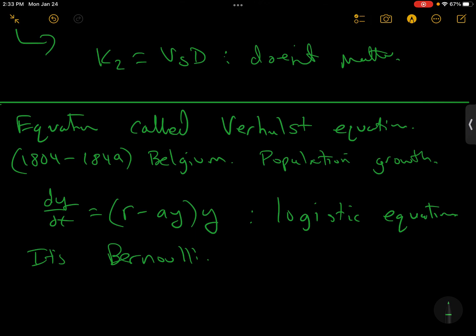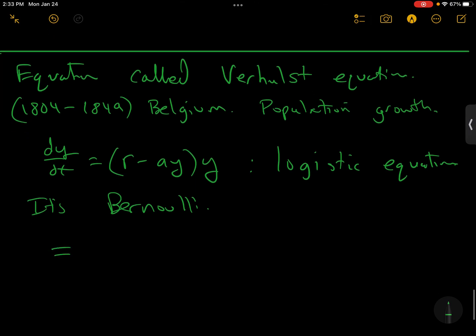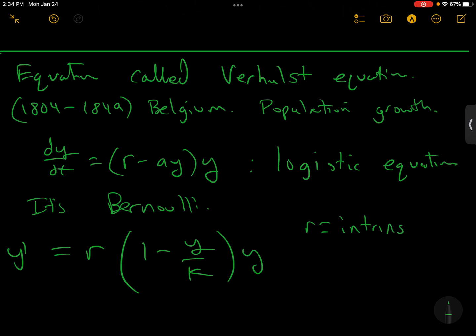But if you do some moving around of things and define a new term, this k I'm about to show you, we have y prime equals r (1 minus y over k) y, where r is the intrinsic growth rate.